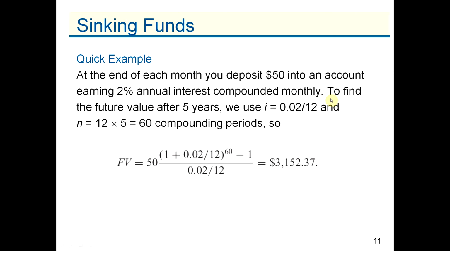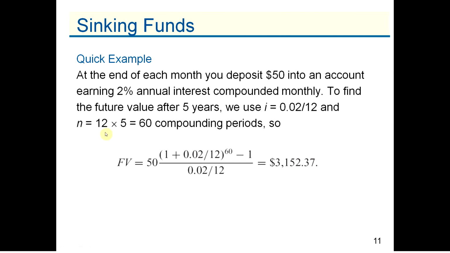So if they do not give you one of these bits of information, you can get it from the other. So to find our future value after 5 years, we first are going to calculate I, which is the rate divided by M. So 0.02 is my 2% interest rate as a decimal, divided by 12, which is my number of months in a year.